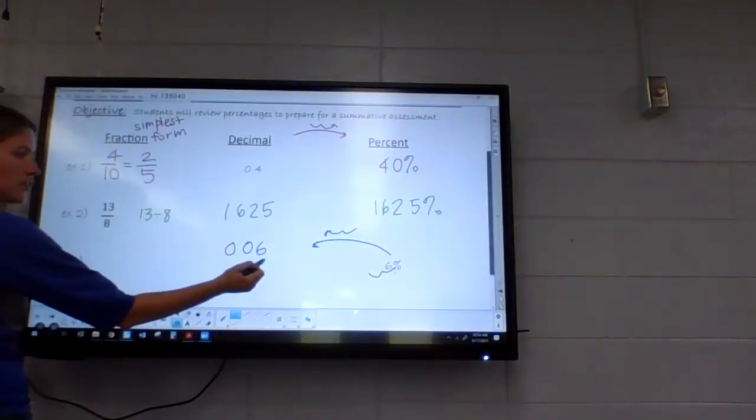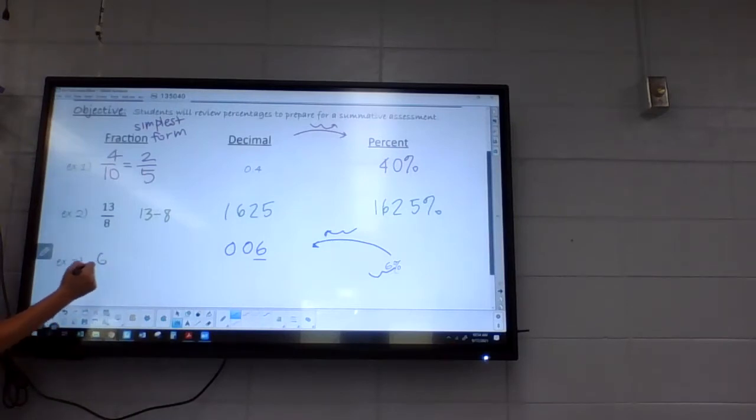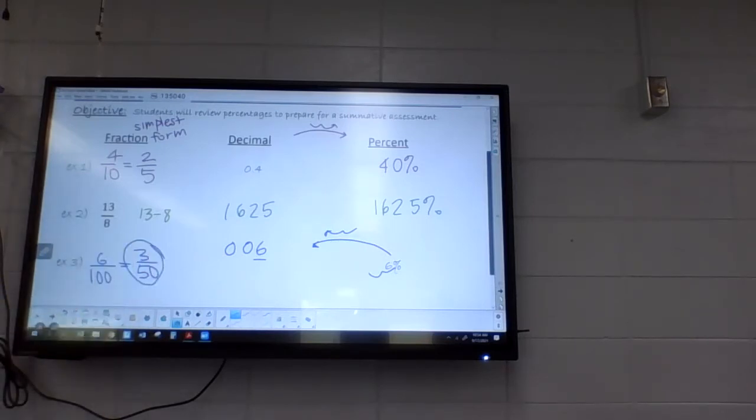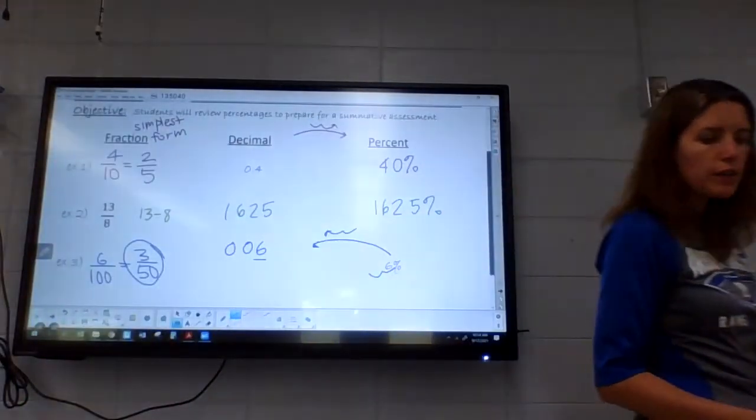Now this is in the hundredths place, so this is 6 hundredths, which becomes 3 50ths, I believe. And I don't think that simplifies anymore. Great. Questions there at all? Be able to make those conversions back and forth.